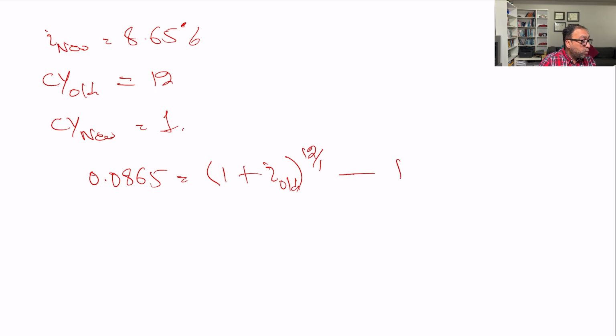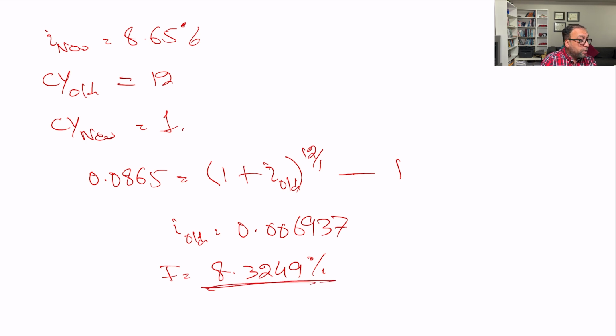So if you calculate it, I old is equal to 0.006937, and the IY is equal to 8.3249%.